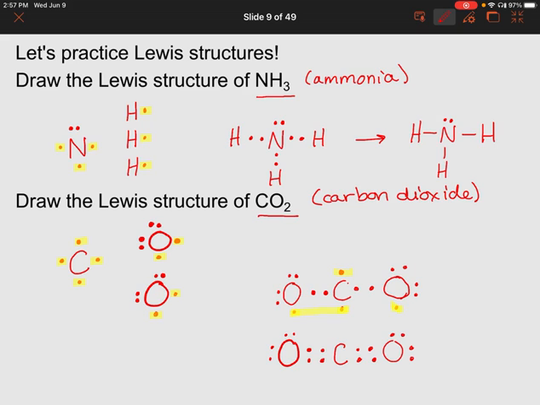Okay, so this is going to create a double bond between carbon and each of the oxygens. Okay, so we've got our CO2 molecule, or the Lewis structure for that molecule there. So hopefully this is jogging your memory for how to draw Lewis structures.